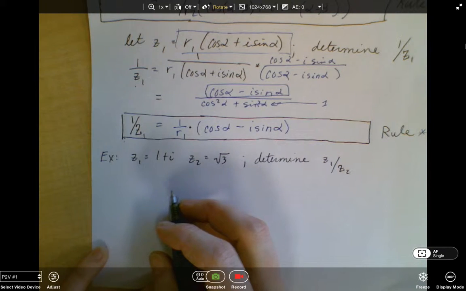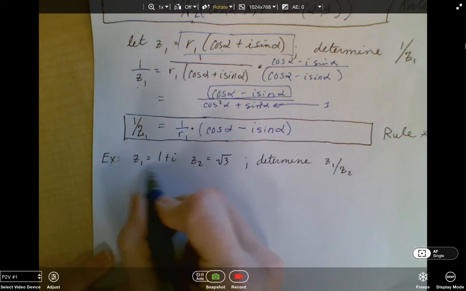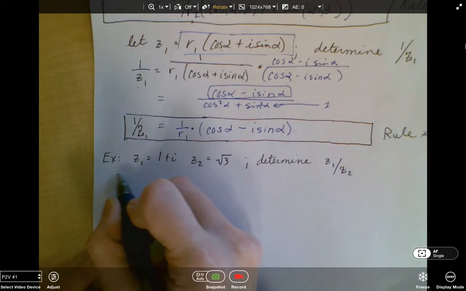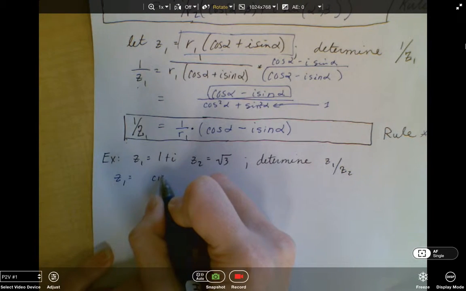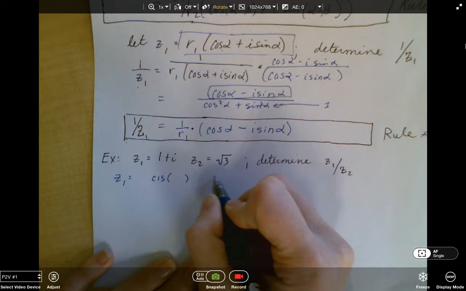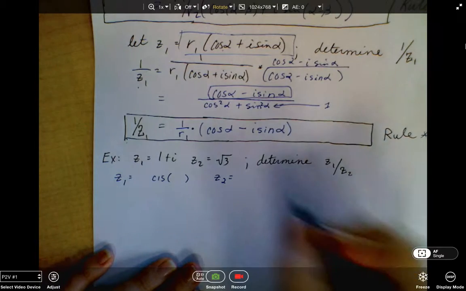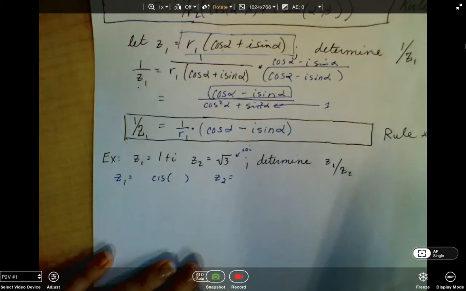So here's an example. If I have these two complex numbers, I want you to write them in cis form. Careful, this guy has a plus 0i.